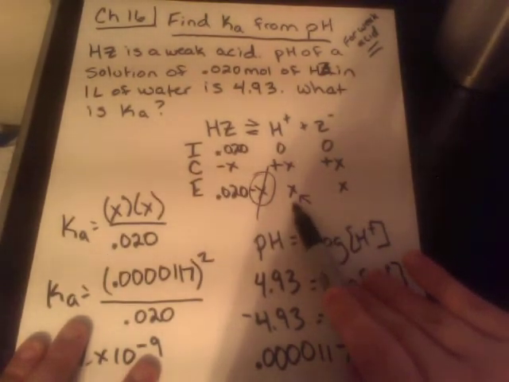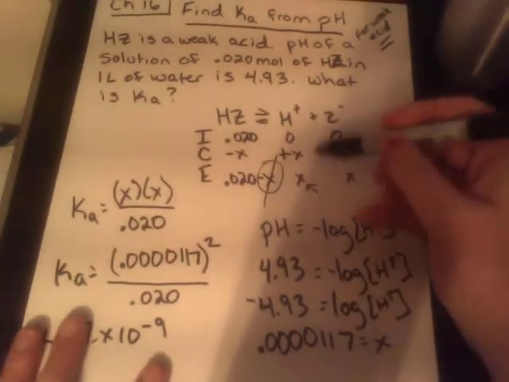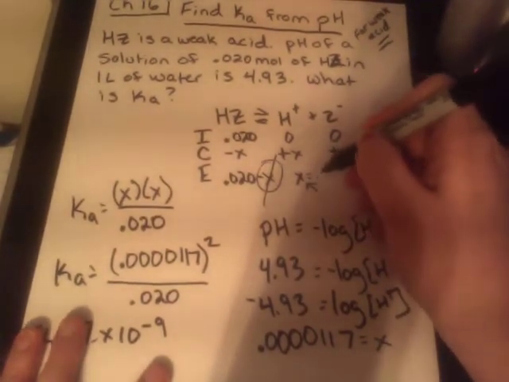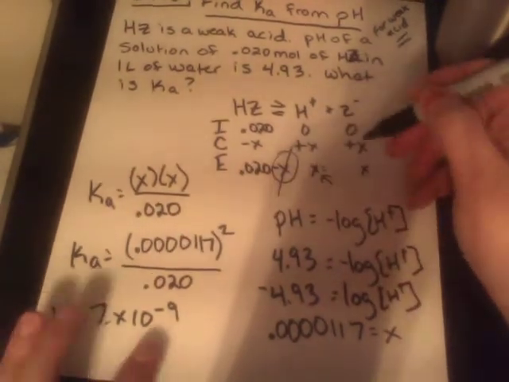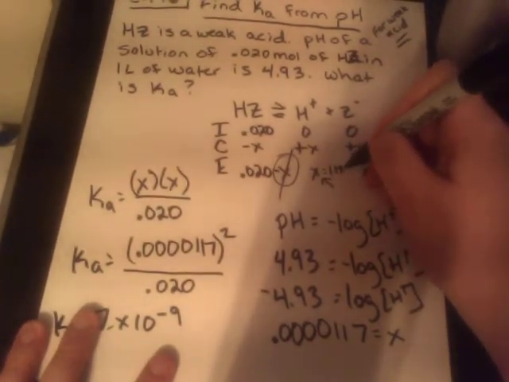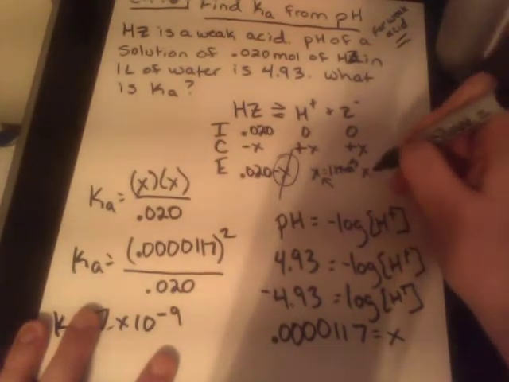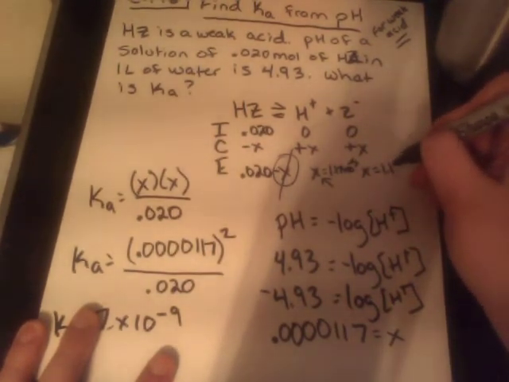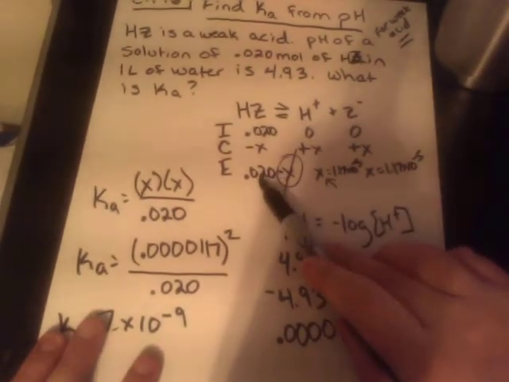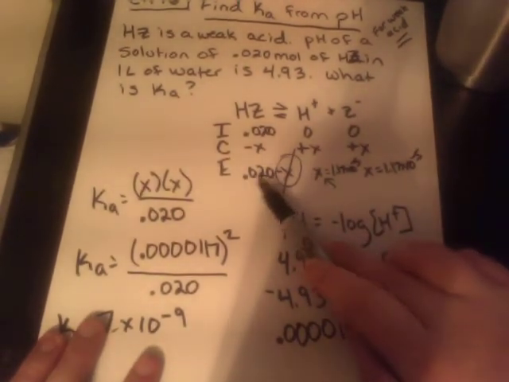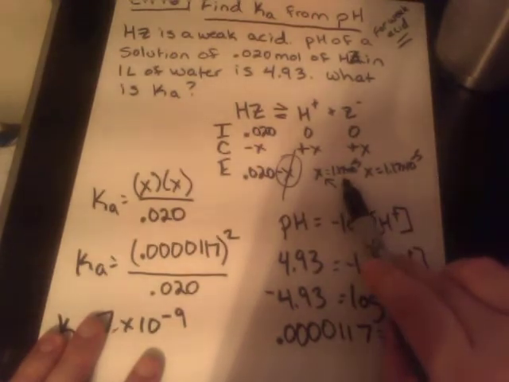So we know this is equal to 1.17 times 10 to the negative 5. And this is essentially just 0.020 because this number is negligible.